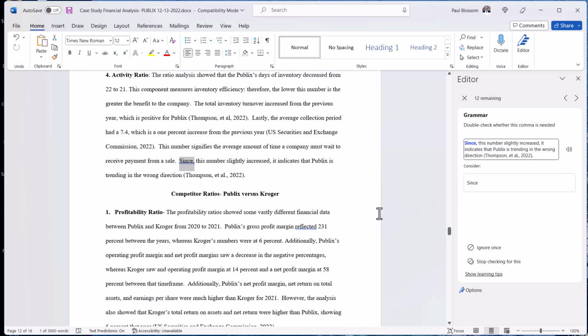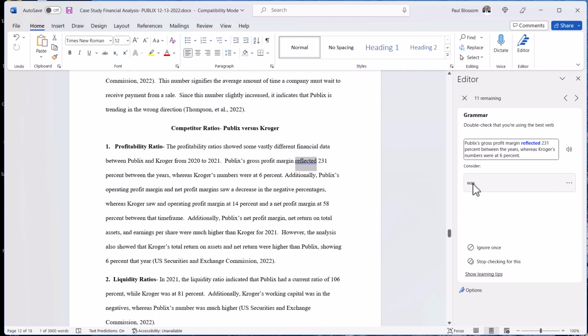The total for inventory turnover, the total inventory turnover increased. Okay. Since, again, we have one of those commas that we probably want to do. Public's gross profit margin reflected, or in this case, they asked the one to substitute was, and which is probably the right way to do that.